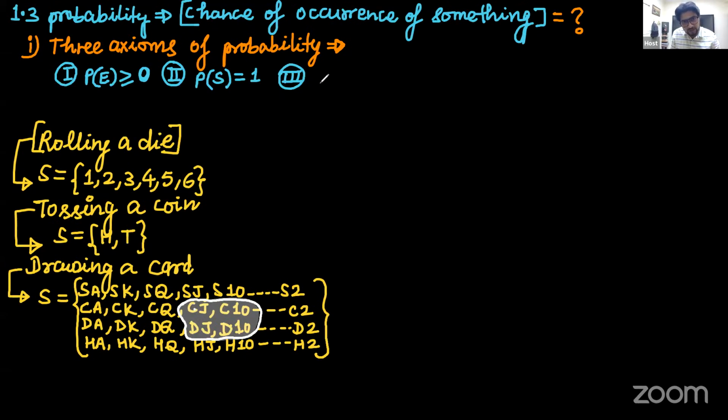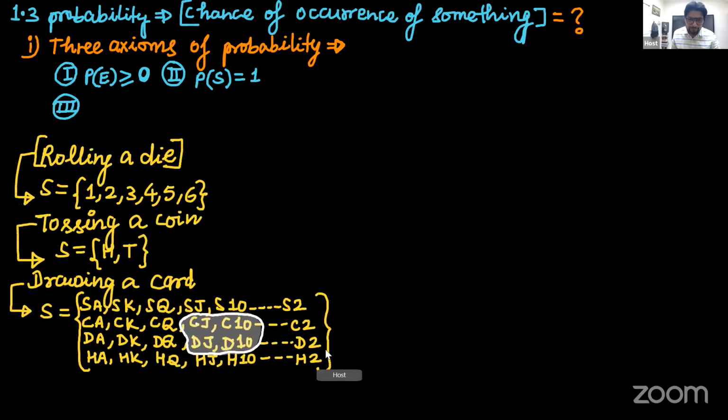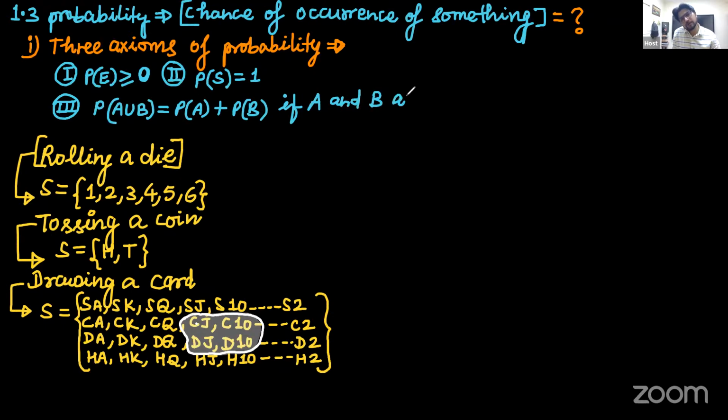So third axiom is what? Third axiom is that the probability of A union B will be equal to probability of A plus probability of B if A and B are mutually exclusive events.